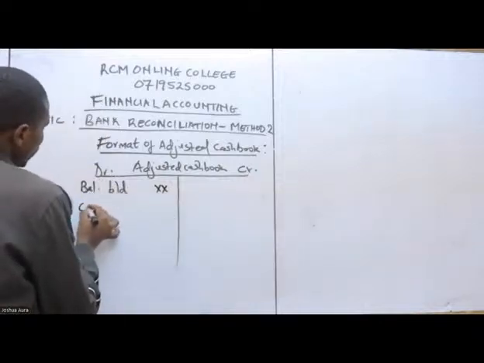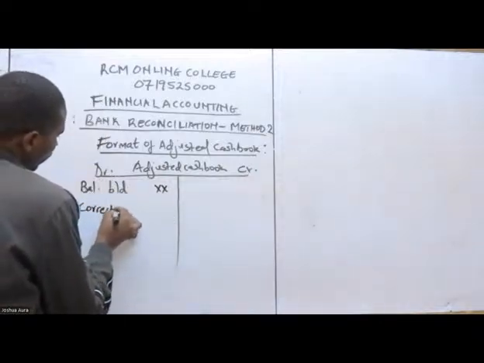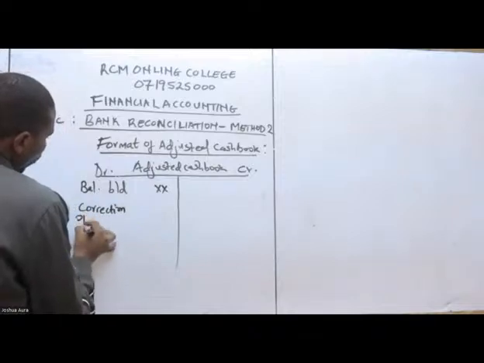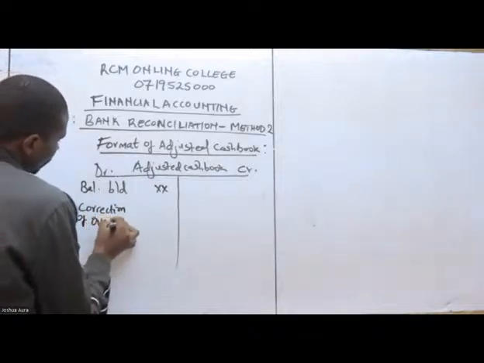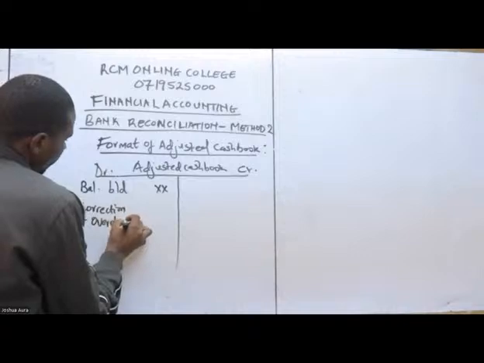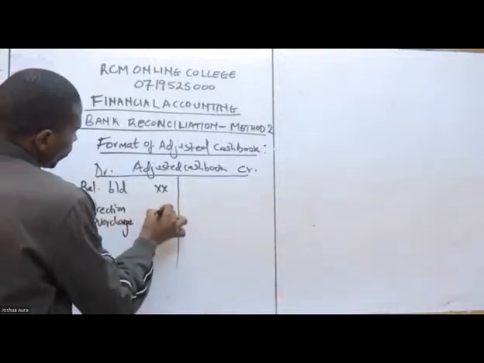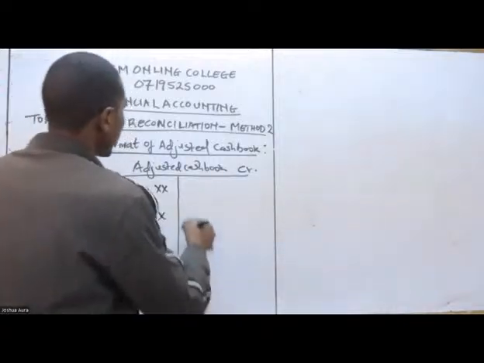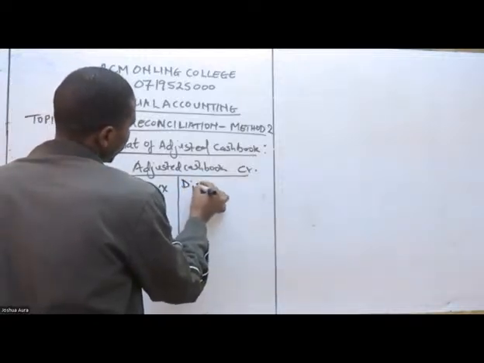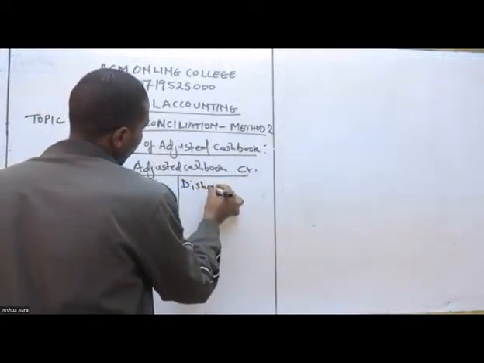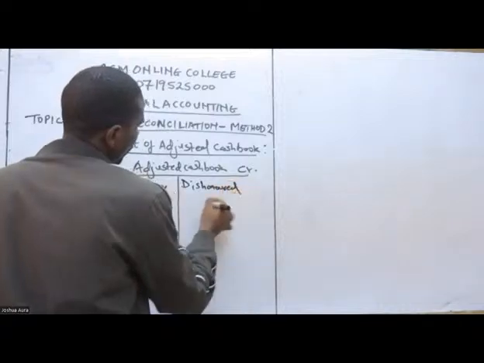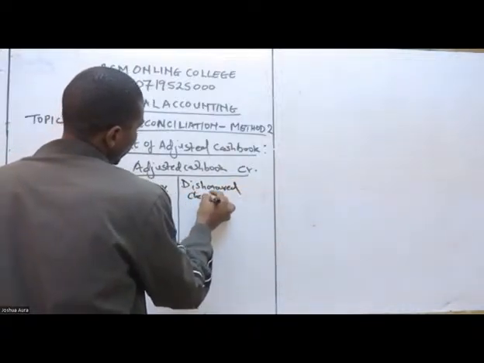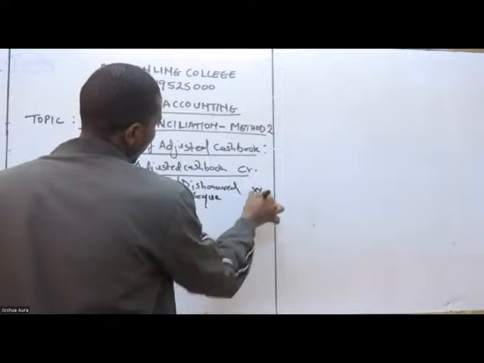Then we put the correction of overcharge. If there was an overcharge, that one you debit. Then we have a dishonored check. If there is a dishonored check, you credit the amount.